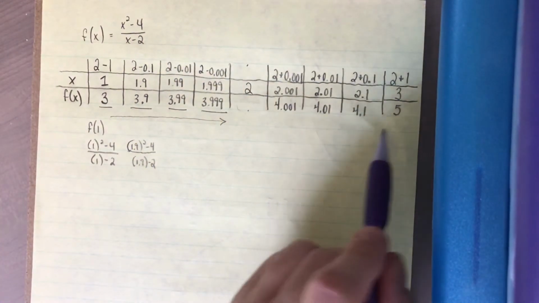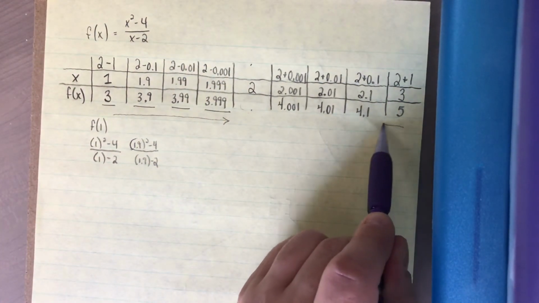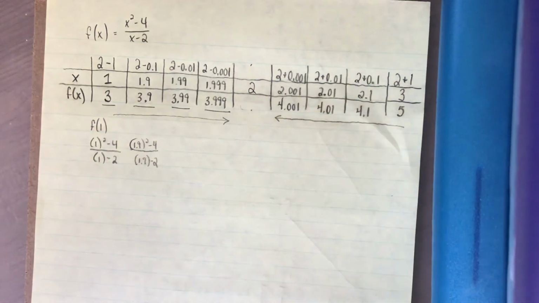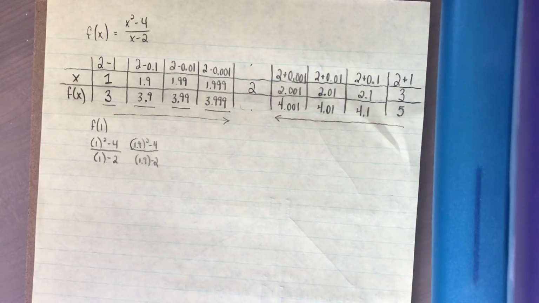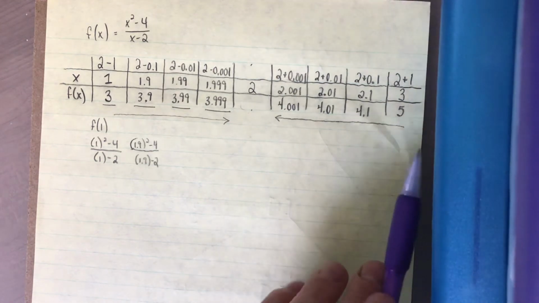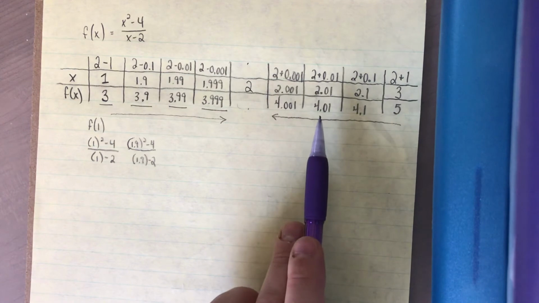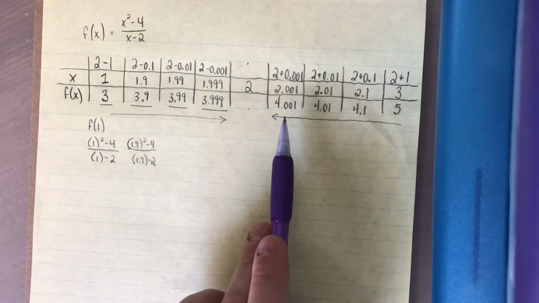From the other side, and one side is often a little easier to see the pattern than the other, from the right side of 2, we start at 5, and then we go to 4.1, 4.01, 4.001.